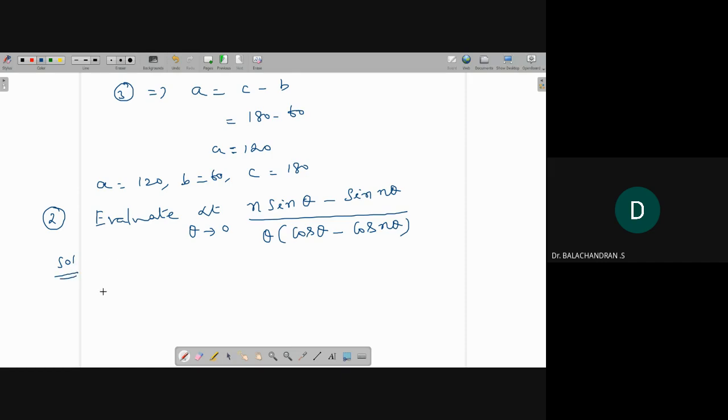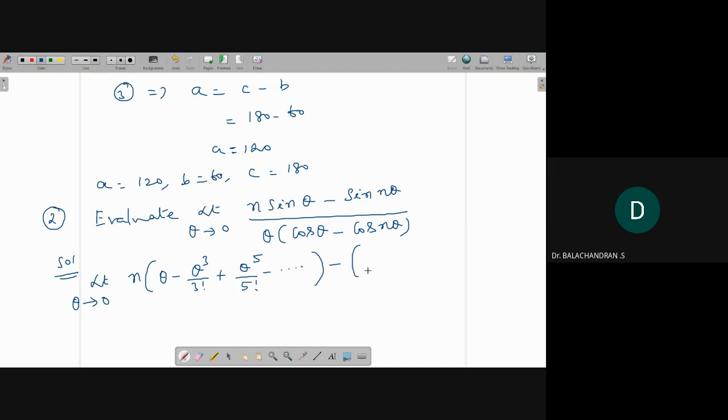So okay, now this is the problem. First you should write the expansion for sine theta, sine n theta, cos theta, and cos n theta. So limit theta goes to 0. First n into sine theta. Sine theta is theta minus theta cube by 3 factorial plus theta power 5 by 5 factorial minus and so on, minus sine n theta.